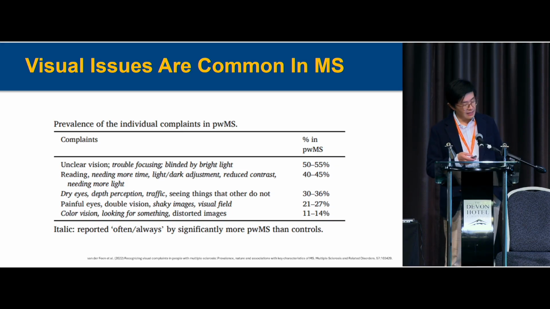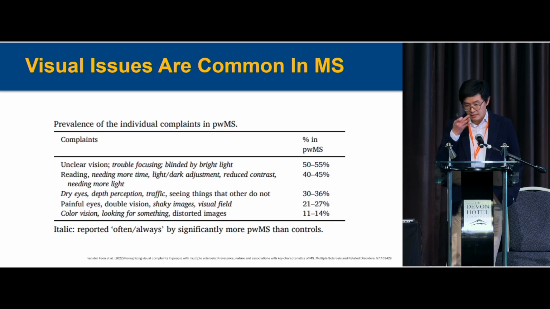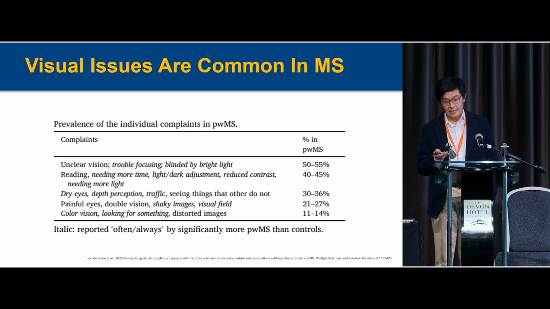This is a study that I always come back to because this is a study of 496 people living with multiple sclerosis in the Netherlands, and they completed a survey asking them about visual symptoms and visual complaints in general. What's really fascinating with this particular study was that 90% of respondents had at least one visual complaint, and almost a quarter of people had at least 10 visual complaints.